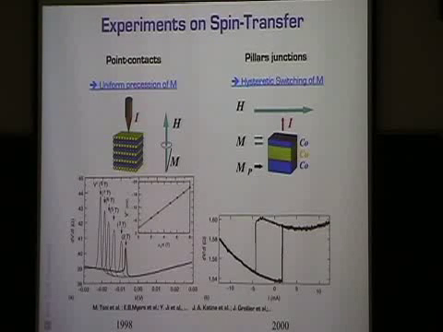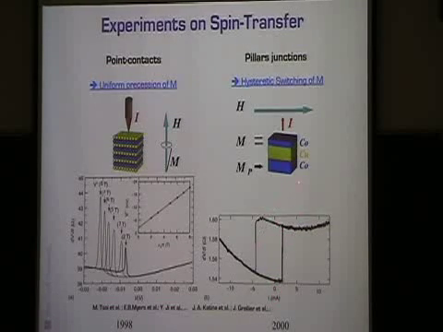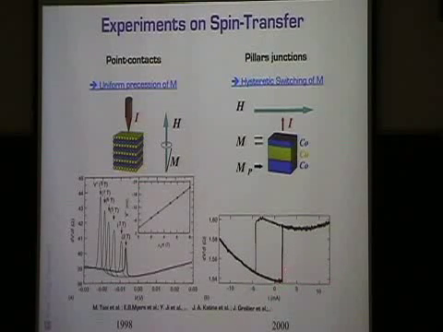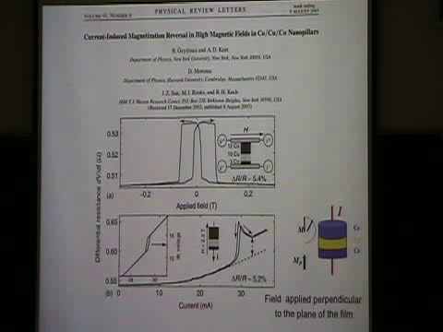They could show in this experiment, which was done first by the Cornell group, that these resistance states correspond to the states you measure just in sweeping the magnetic field at zero. So you're inferring the magnetic state through the resistance of the structure, using the giant magnetoresistance effect. That's quite nice. If it were just current-induced fields, you might expect this curve would be symmetric about zero. It's not symmetric, so that's evidence that there's something else going on.